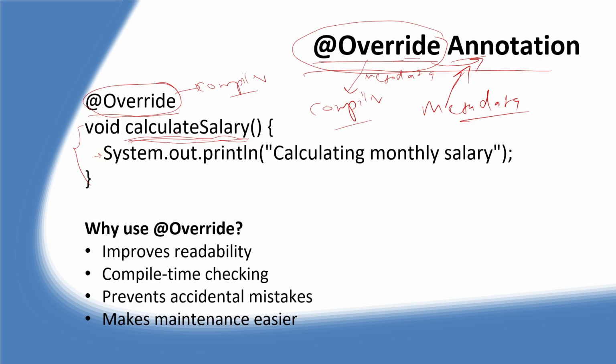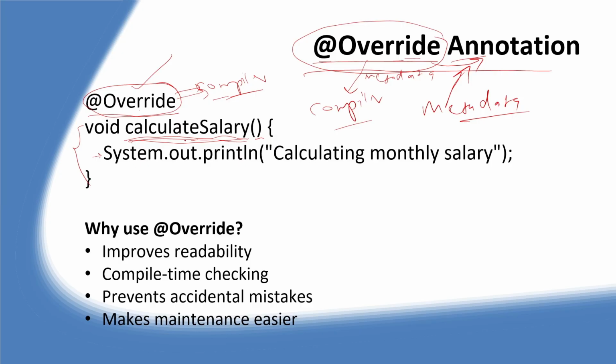As we already know, we have a set of rules that we need to follow while overriding a method. So if we tell these things to the compiler, the compiler will check during compile time whether we are following the overriding rules or not. If we are not following them, during compile time only the compiler will say, okay, here is an error.